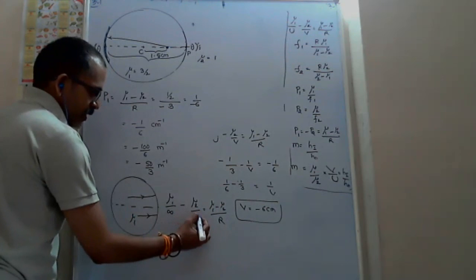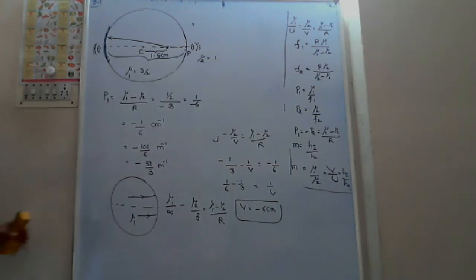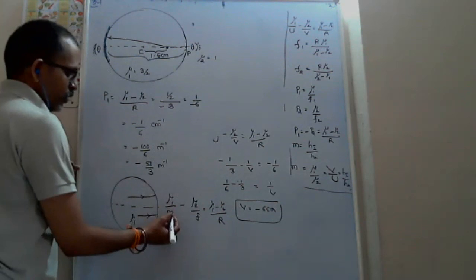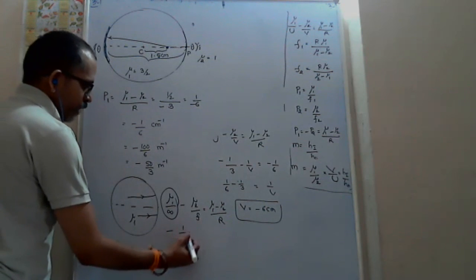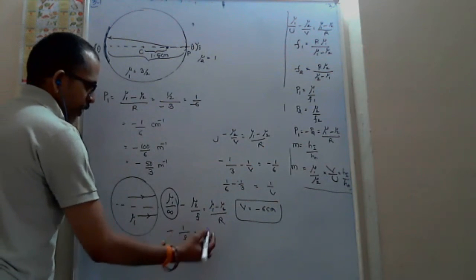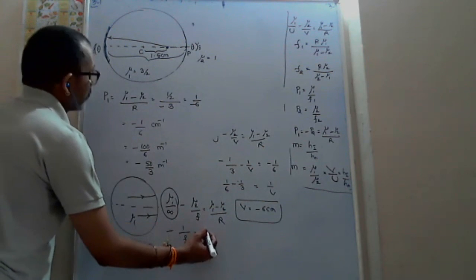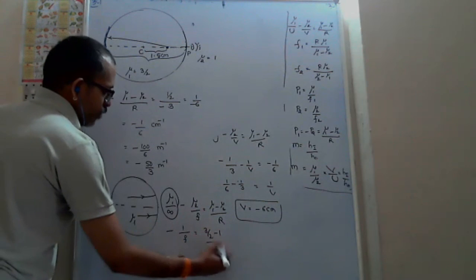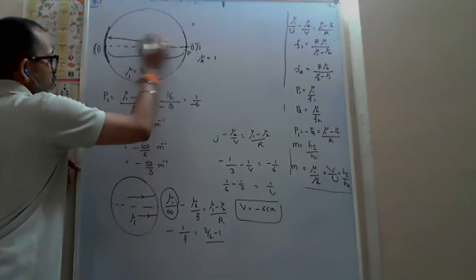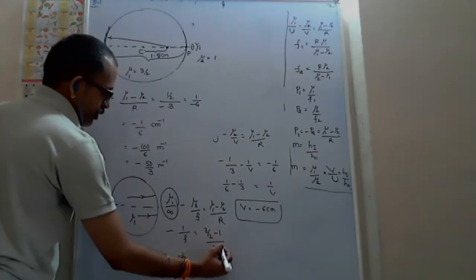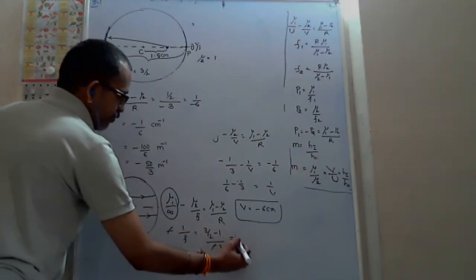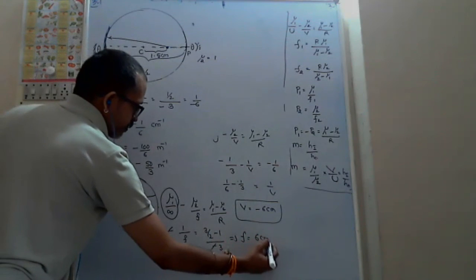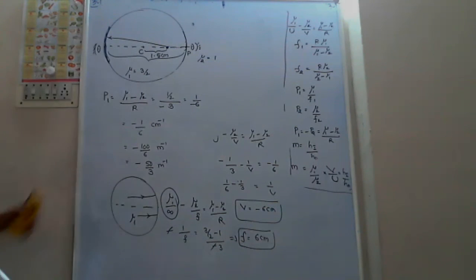V means focus. Then I have to substitute the sign convention. Of course, this one becomes 0, leave it. Minus mu2 is 1 by f equals mu1, 3 by 2 minus 1, by radius of curvature. Light ray incident means minus, minus 3. How much do you get? F is equal to 6 centimeters. Right, correct. Focal length is equal to 6 centimeters.